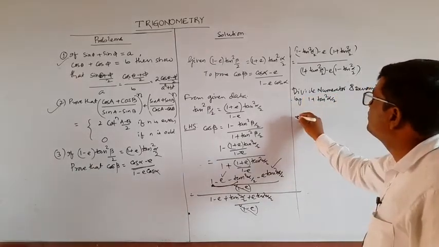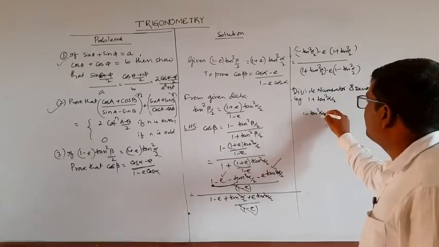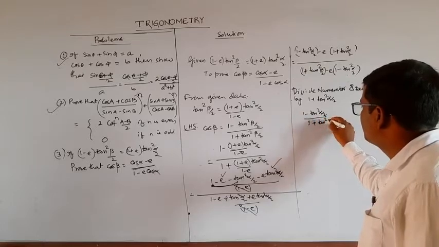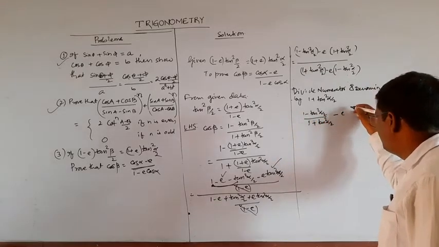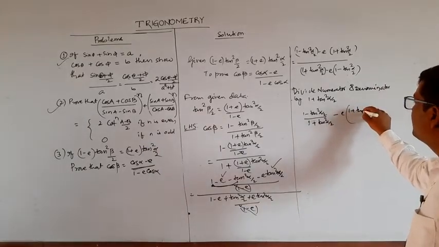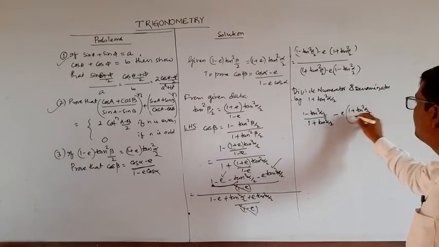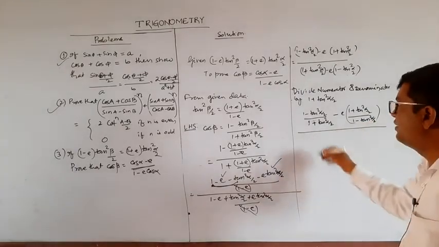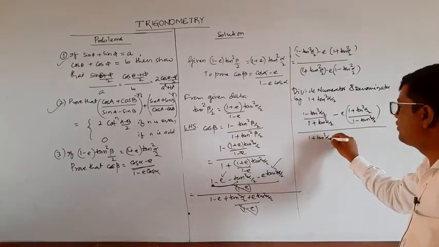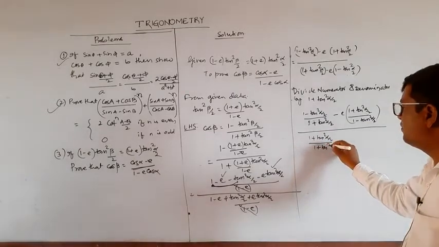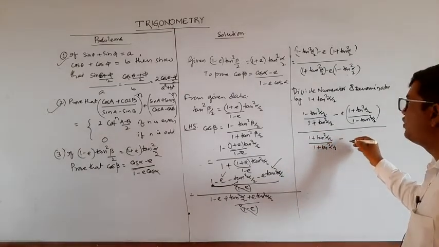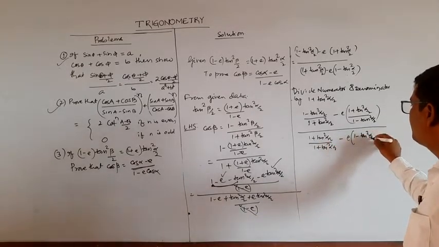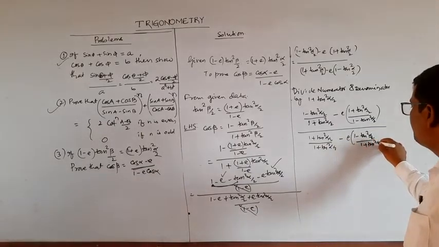So here it is 1 minus tan square alpha by 2 divided by 1 plus tan square alpha by 2, minus e, whole divided by 1 minus e into 1 minus tan square alpha by 2 divided by 1 plus tan square alpha by 2.